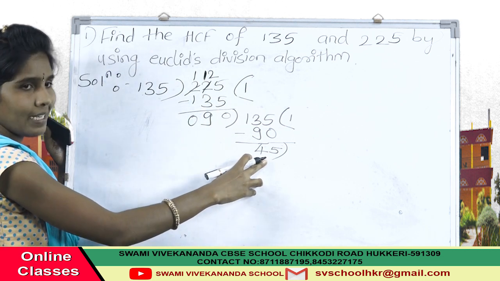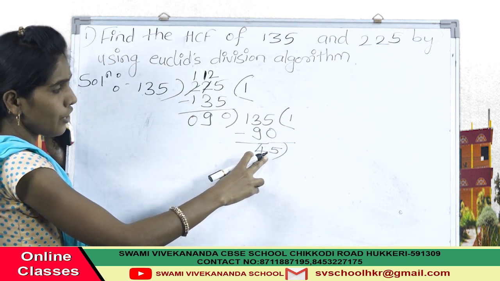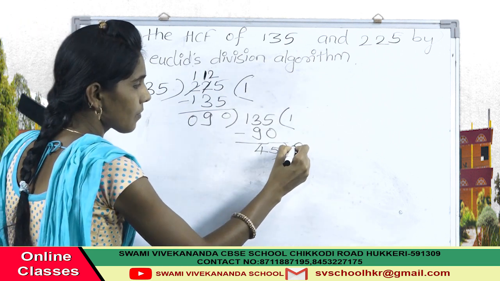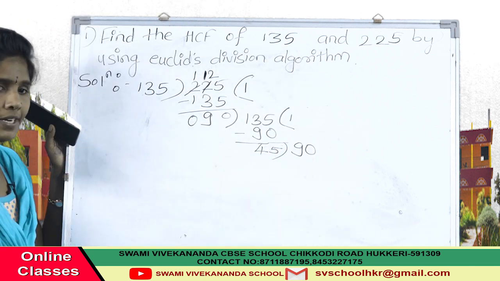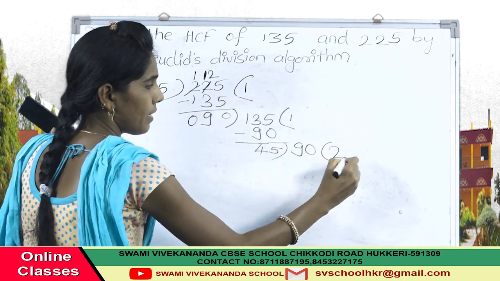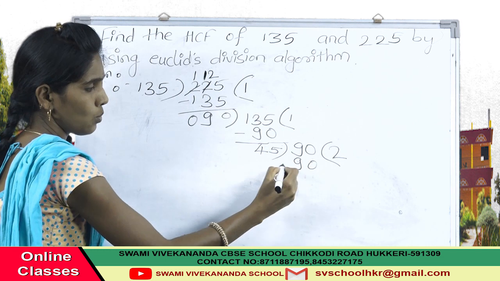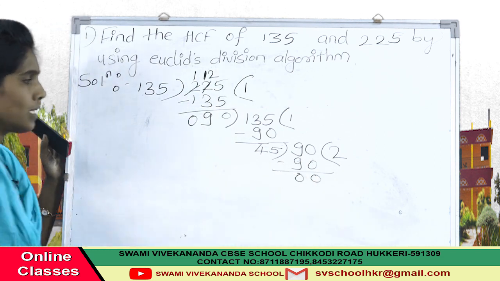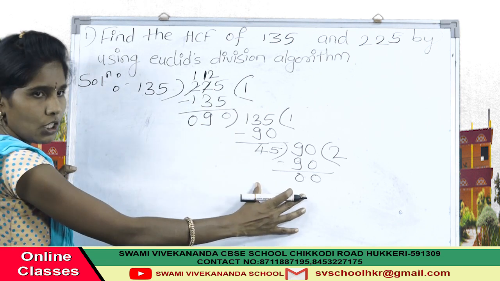We have to consider this remainder as the divisor and the first divisor as the dividend. 90 divided by 45. 45 twos are 90, so the remainder is 0.